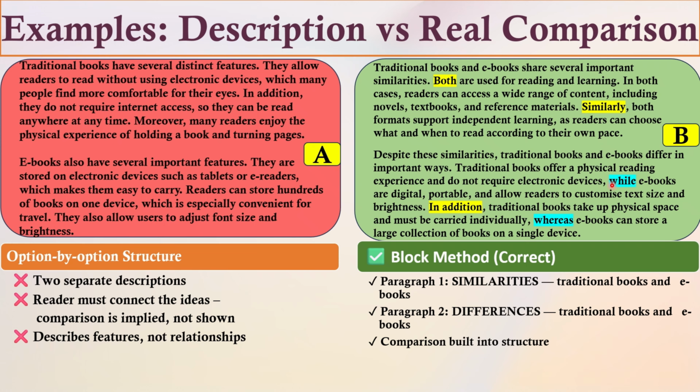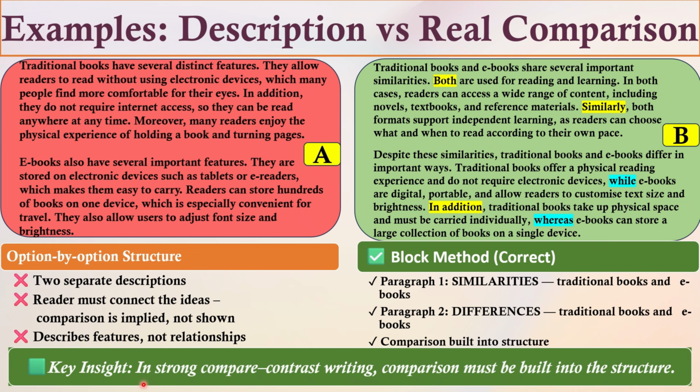Notice how, in the second version, comparison is built into the structure. The reader does not need to guess how the two options relate. This makes the comparison clear, continuous, and easy to follow. That is why the structure on the right is stronger for a compare-contrast task. This clarity directly supports task response and coherence and cohesion, which are key assessment criteria in IELTS.